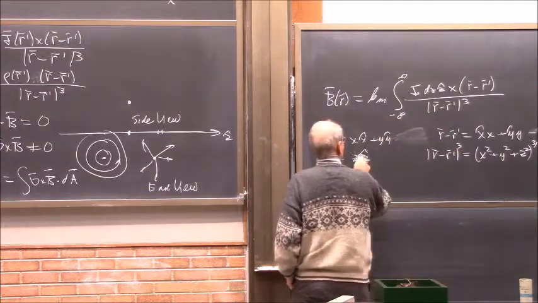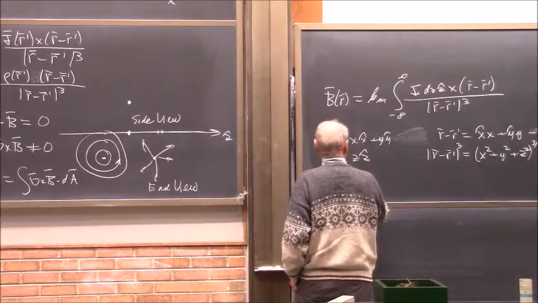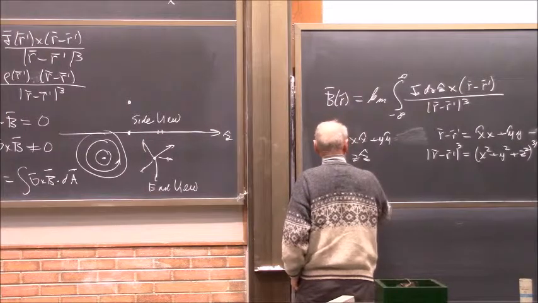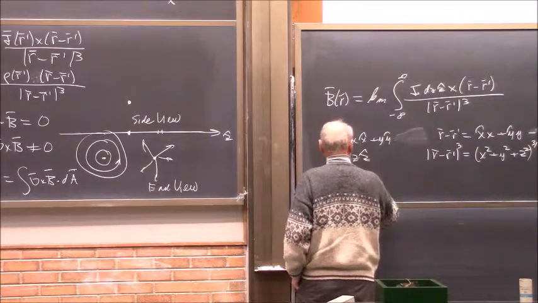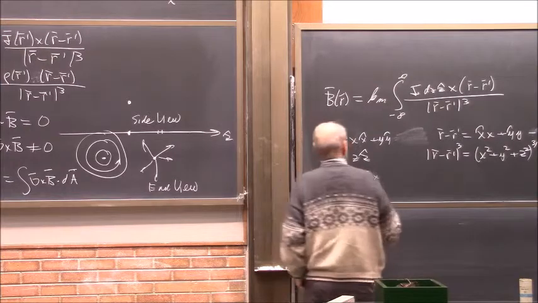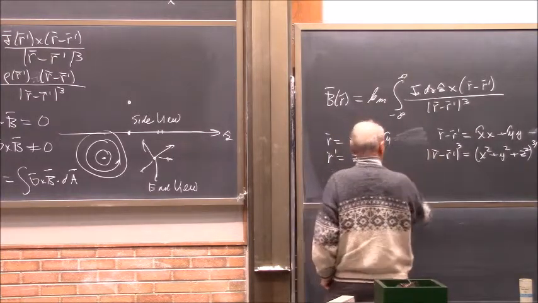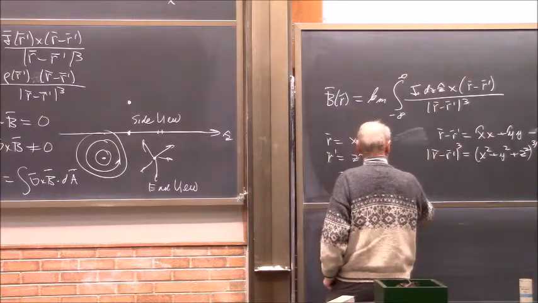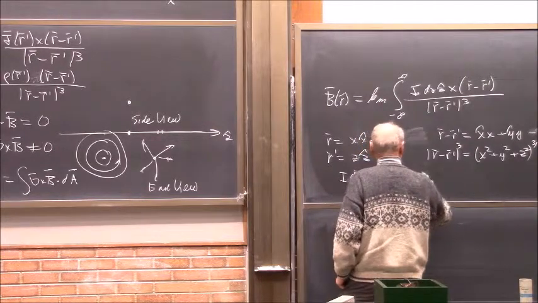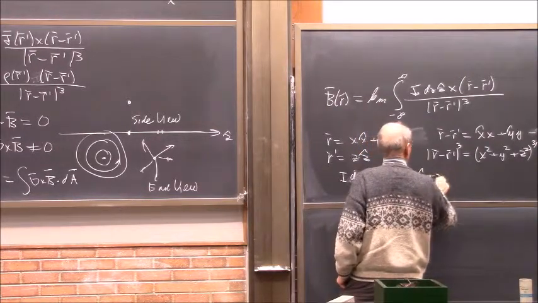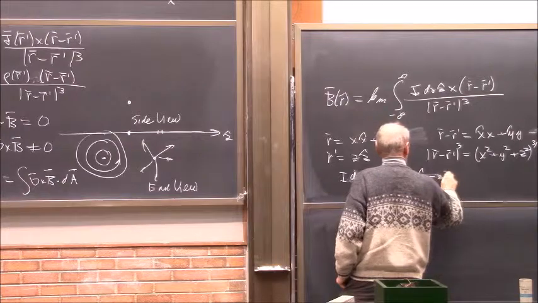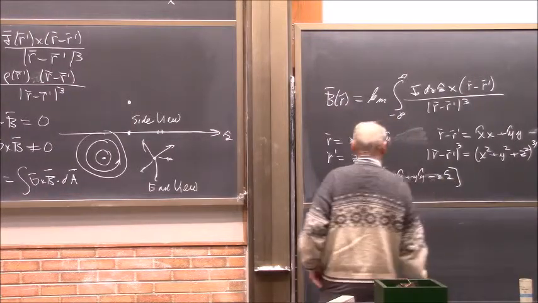Now, I dz z hat crossed into r minus r prime, x x hat, y y hat, minus z z hat.